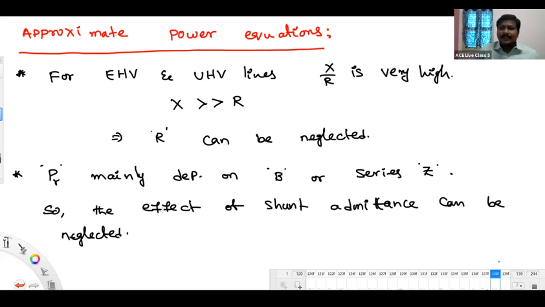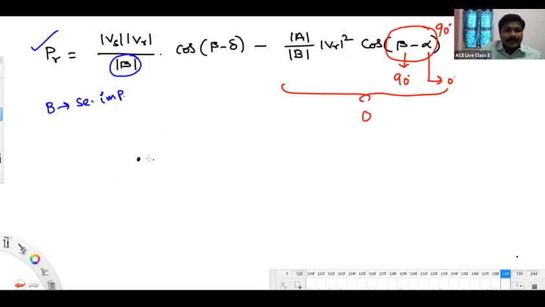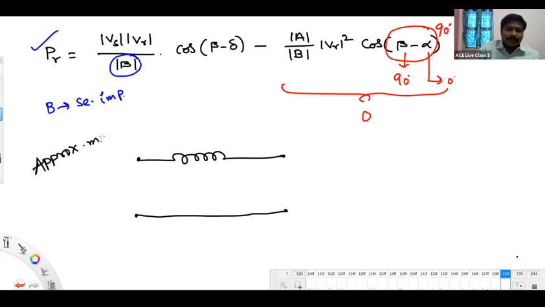See, after neglecting that shunt admittance and after neglecting that series resistance, what is that network consisting of now? Only series reactance. So I can say the network will be consisting only of series reactance. So this is the approximate model of the transmission line.